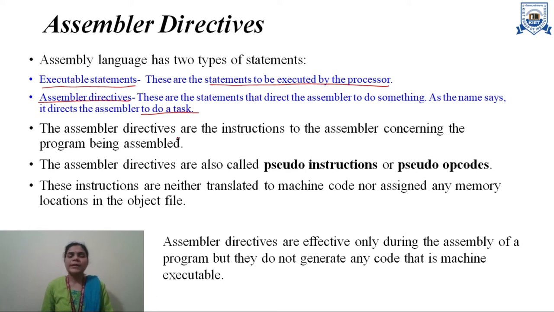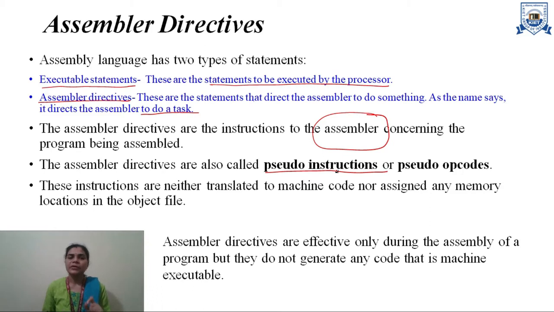So assembler directives are the instructions to the assembler only, concerning the program being assembled. Assembler directives are also called pseudo instructions because these are not actual instructions of the processor. They do not belong to the instruction set of the processor.